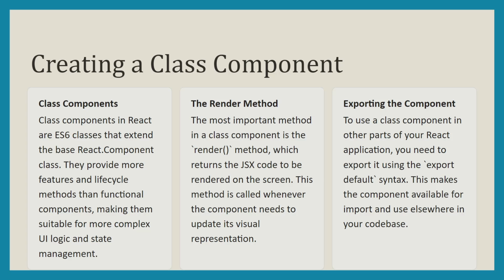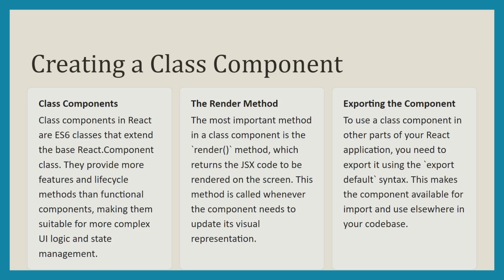Now let's talk about creating a class component. Class components in React are ES6 classes that extend the base React.Component class. They provide more features and lifecycle methods than functional components, making them suitable for more complex UI logic and state management. Now let's talk about the render method. The most important method in a class component is the render method, which returns the JSX code to be rendered on the screen.